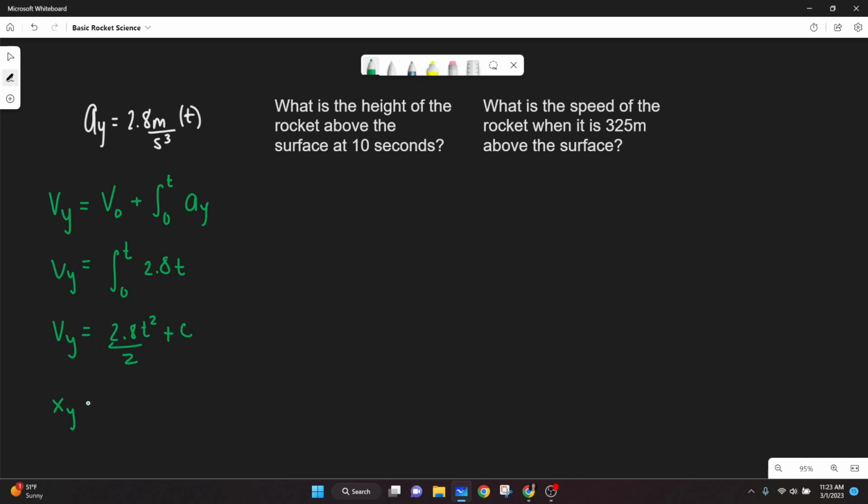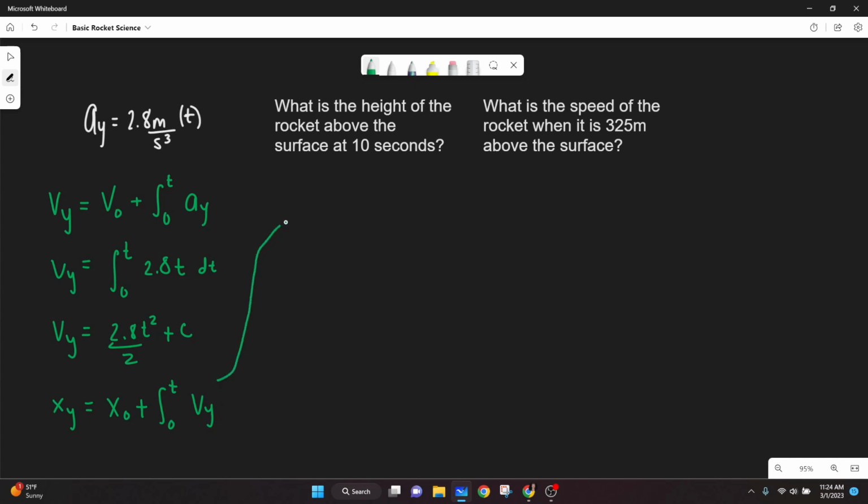So the position along the y dimension will be equal to the initial position plus the integral from 0 to t of our velocity as a function of time. And I could add dt here, by the way.